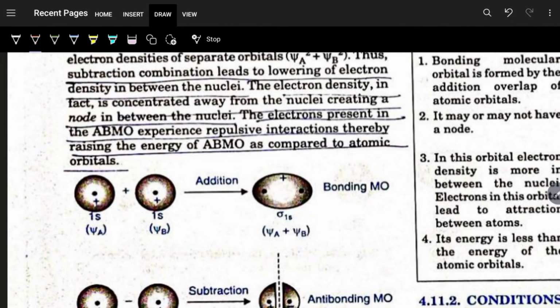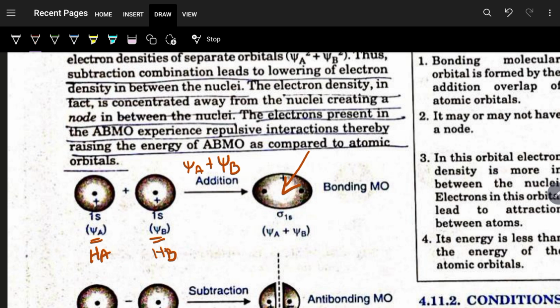If I say this is the wave function for hydrogen A and this is the wave function for hydrogen B, and here addition is taking place, means psi A plus psi B interaction is taking place. For that, the probability density has increased at the center.